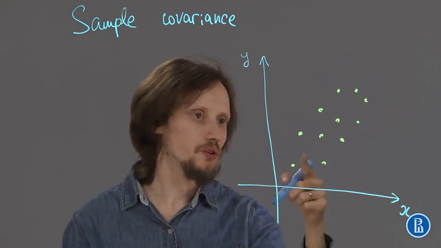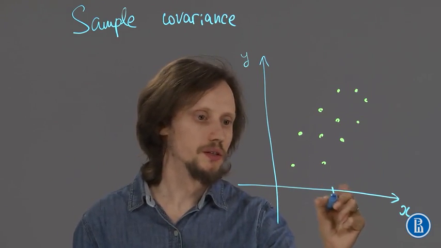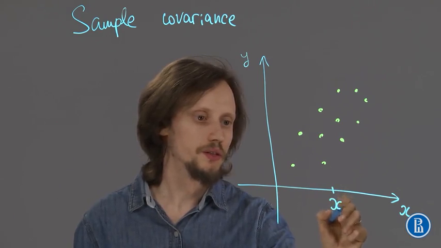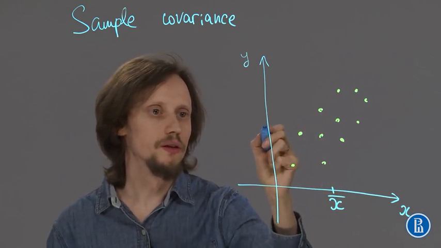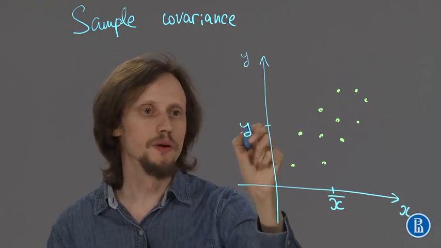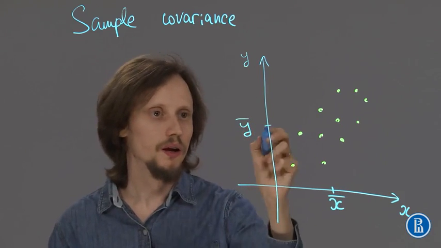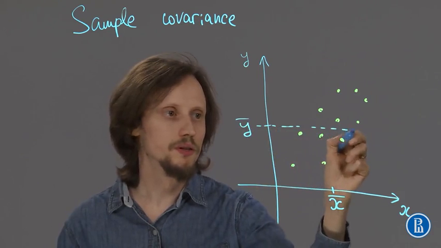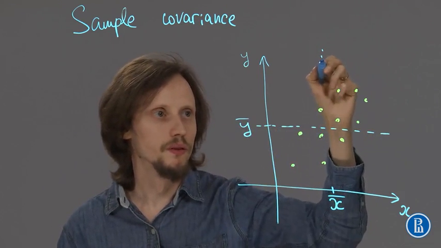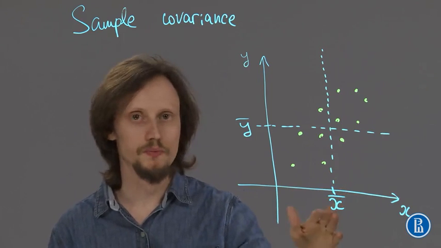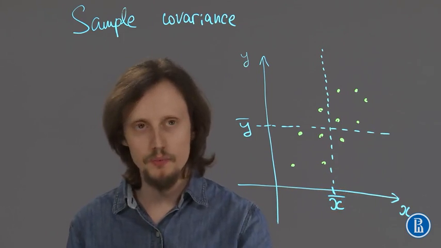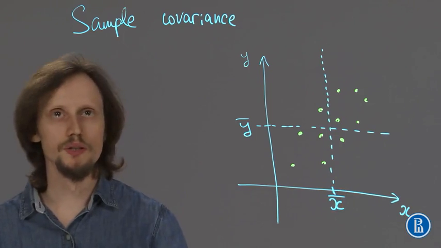So the average of all x's is somewhere here. This is x bar. And average of all values of y is somewhere here. This is y bar. Now let me draw two straight lines for these values.